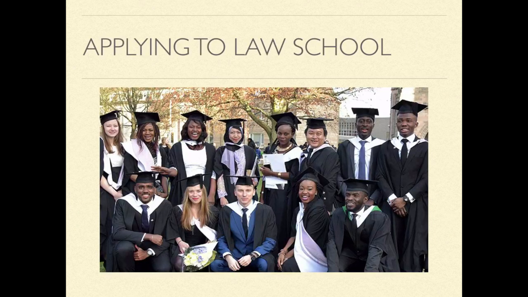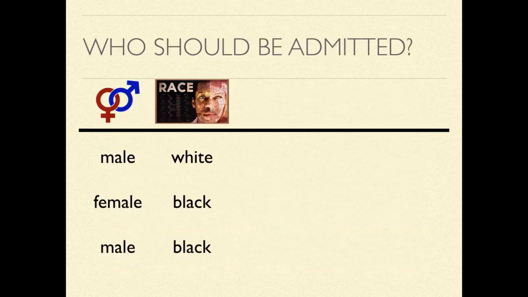Let me illustrate this by giving an example of law school admissions. Imagine we're a law school, and we'd like to be able to predict law school success in order to figure out who should be admitted.